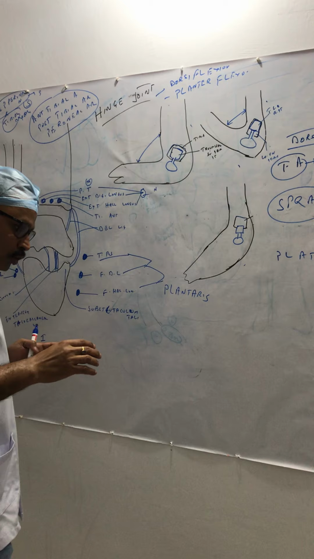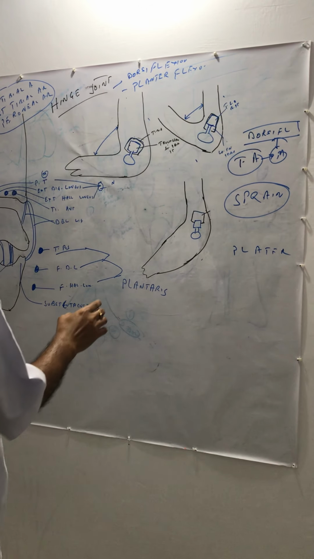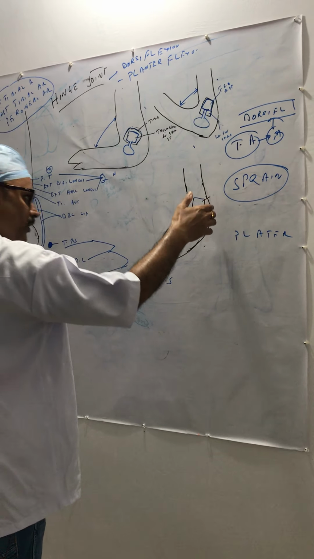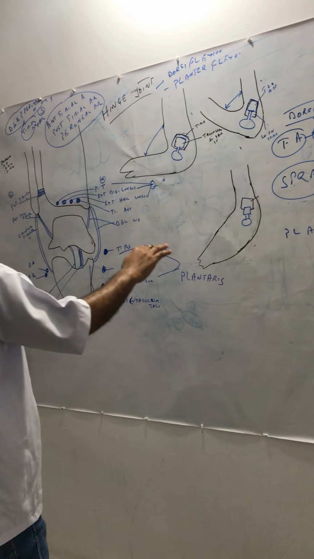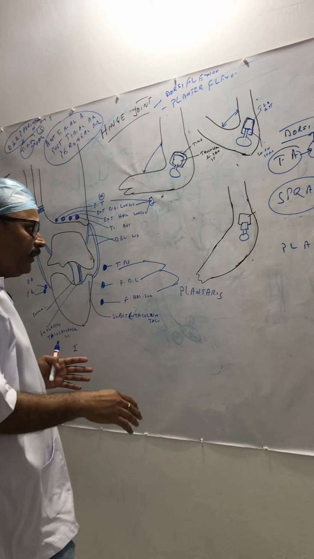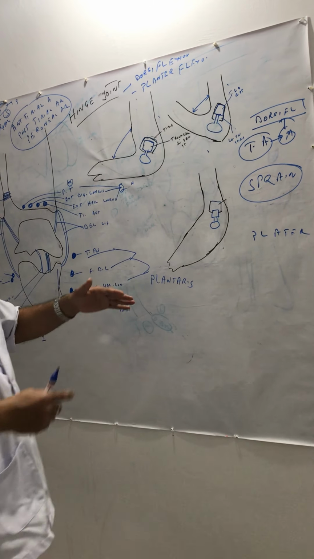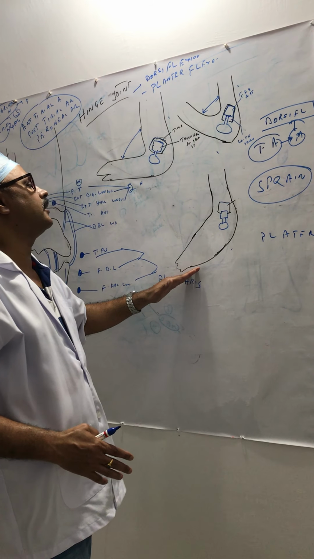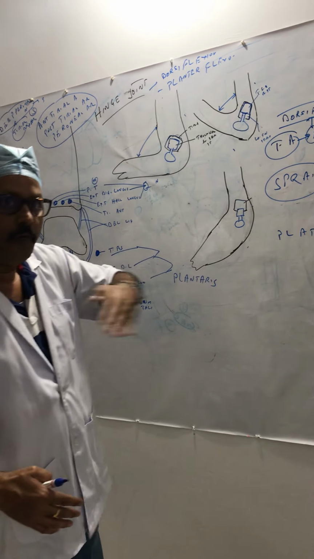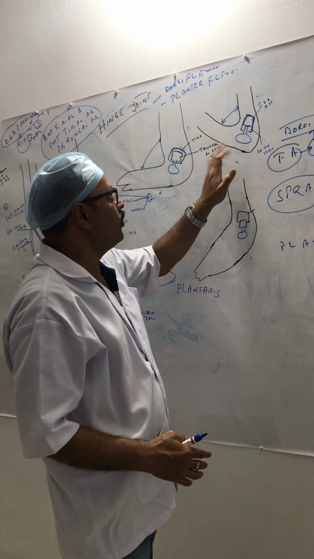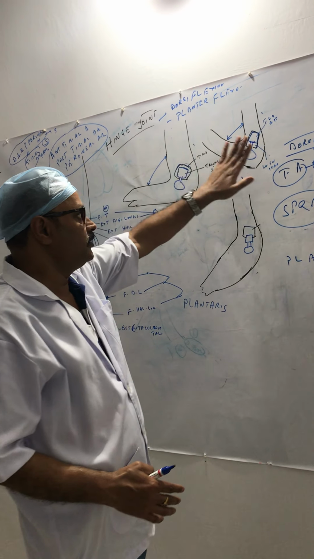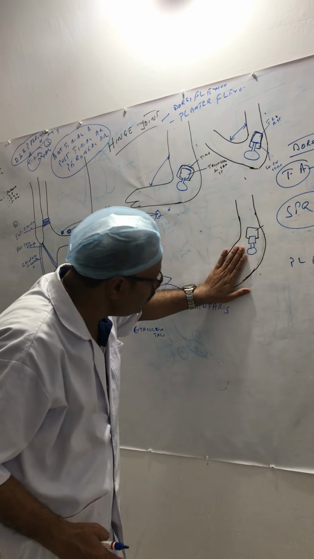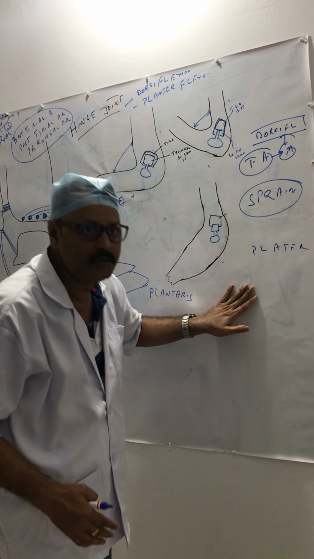To begin with, we do plantar flexion. When we start walking, the heel is raised, and then the foot touches the ground. When we walk forward, the heel touches the ground and the foot is raised. The dorsiflexors are active while walking forward; when you start walking, it is the plantar flexors which are active.